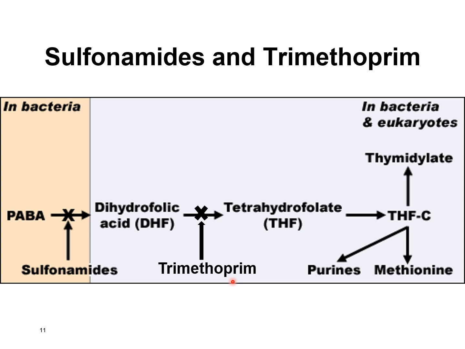Both of these are competitive inhibitors, competing with the substrate to block those enzymes. If we block both steps, we definitely are going to be blocking the synthesis of the folic acid, and then they won't be able to make their purines and pyrimidines and the nucleotides and the nucleic acids.